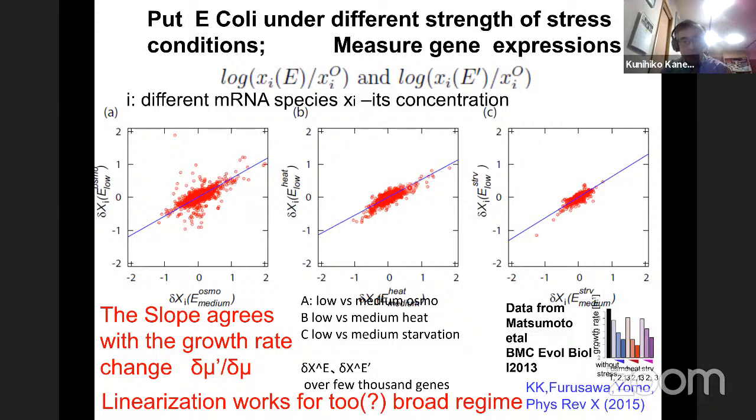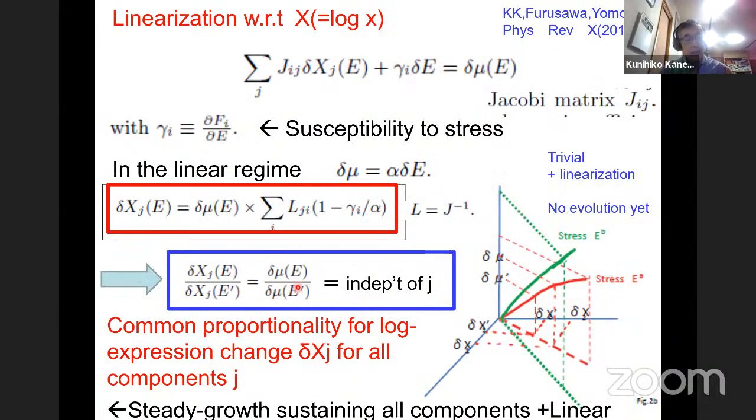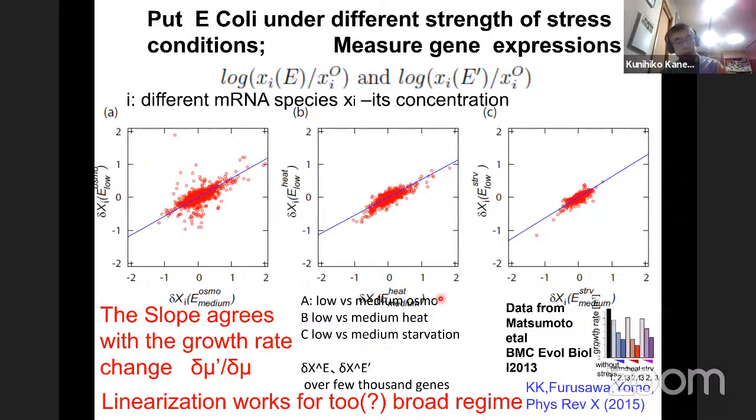The theory says that these points should be located along a single line. Okay, it looks okay. The theory also says that the slope should be given by the growth rate change. We can measure the growth rate change separately in an experiment on how the bacteria grow and divide, grow and divide, and this slope is obtained from delta mu.